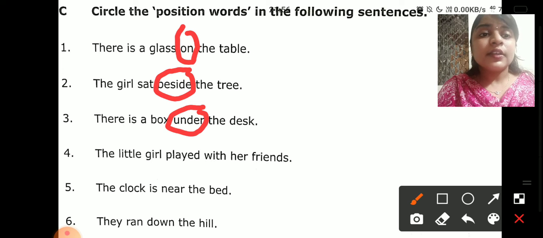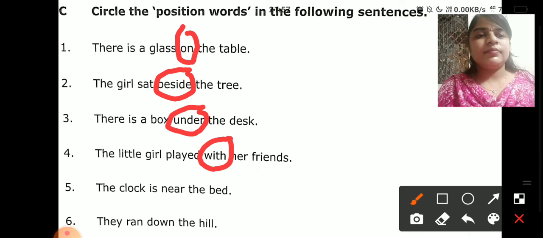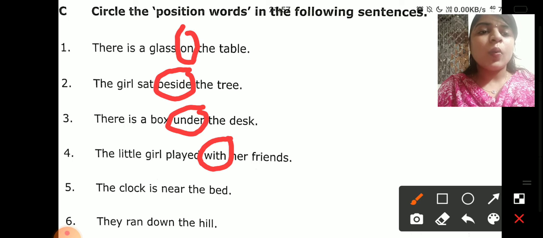So circle the word with. Do it with me, children. Done? Number 5. The clock is near the bed. In the sentence, what is the position word? Near. Circle the word near.